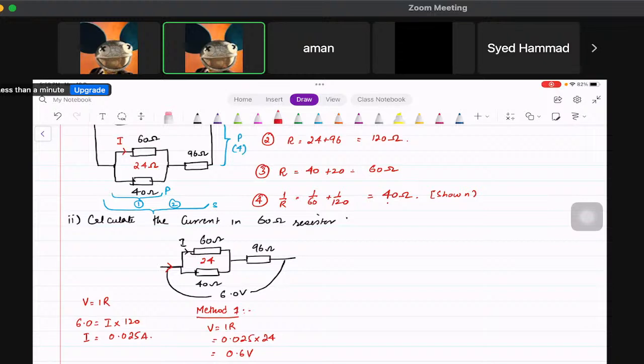The other method is the ratio method, which is basically easy, but you just need to remember what is direct and inverse ratio. For example, I know that for the whole 24 ohms, which is the total resistance, the current I got was 0.025 amperes.